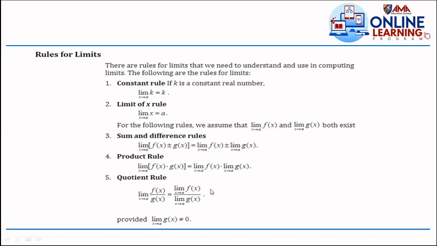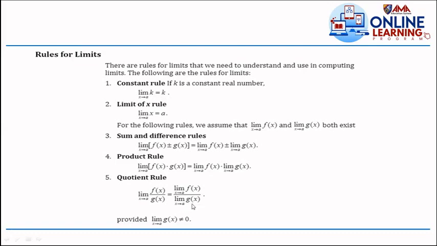And for the last one, we have the quotient rule. The limit of f(x) divided by g(x) as x approaches a. So the same procedure again: we take the limit of the numerator and the limit of the denominator. So we have the limit of f(x) as x approaches a, divided by the limit of g(x) as x approaches a.